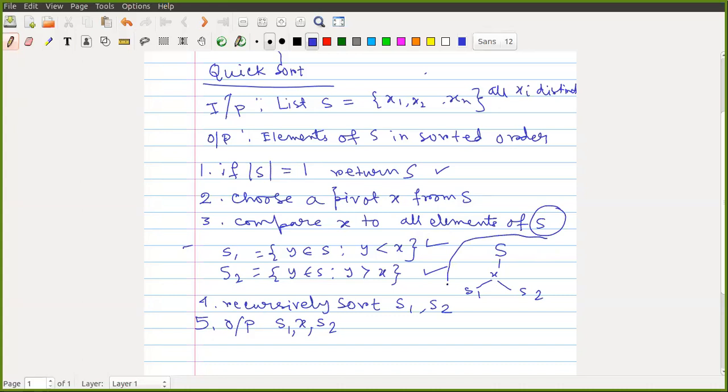Then we recursively sort S1 as well as S2, and then we output S1, thereafter x, and thereafter S2. Since the elements of S1 are promised to be less than x, and the elements of S2 are promised to be more than x, this will be the output. This is more or less the idea.